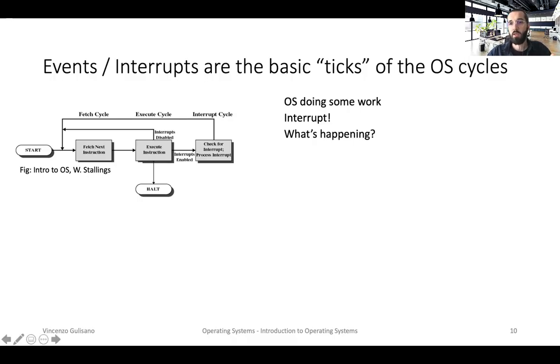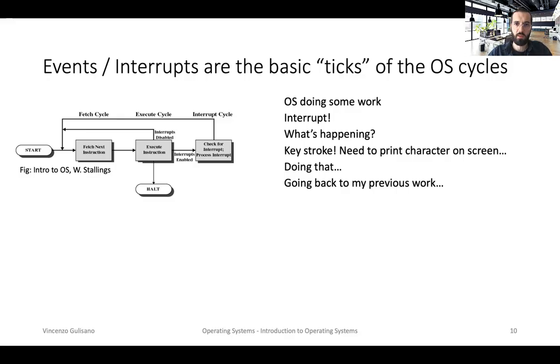And depending on the case, for example, if the disk has completed transferring something from memory, it will decide what is the next instruction that will be executed, okay? Or, in this example, it's a keystroke, need to print a character on the screen. Then it takes the relevant instruction to do that, and it does that.